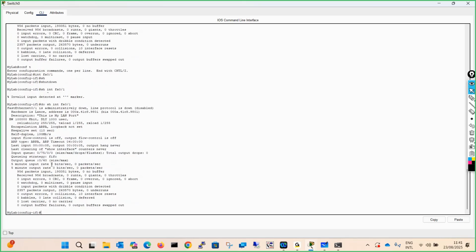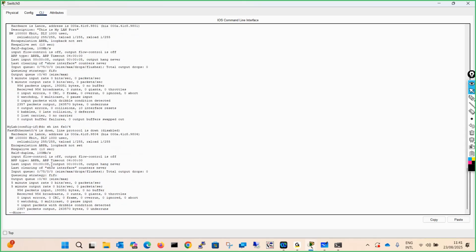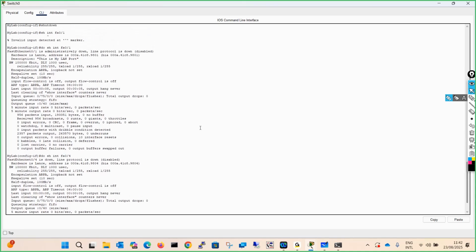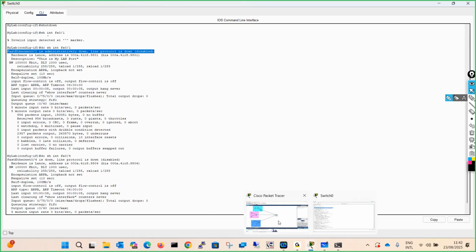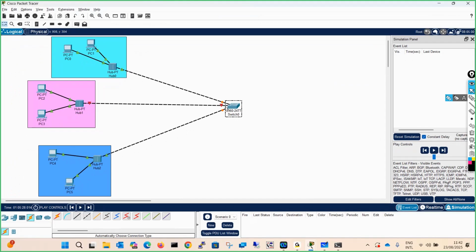Now I want to show you something. Similarly, give the command show interface FA0/4. Now see the difference. When you give the command for FA0/1, it says that FA0/1 is administratively down. And you know that in your network you have only connected the first three ports, FA 0/1, FA 0/2, and FA 0/3.